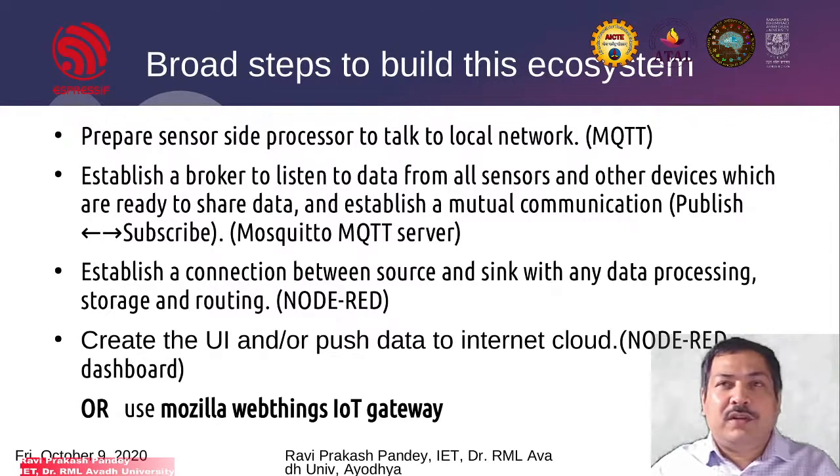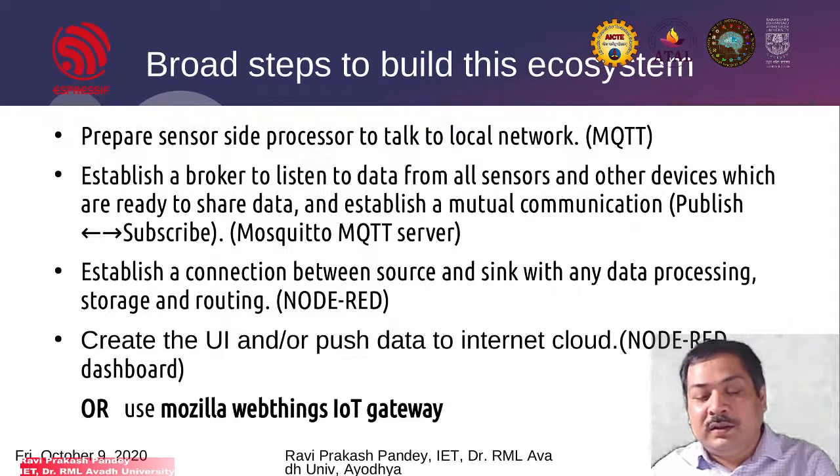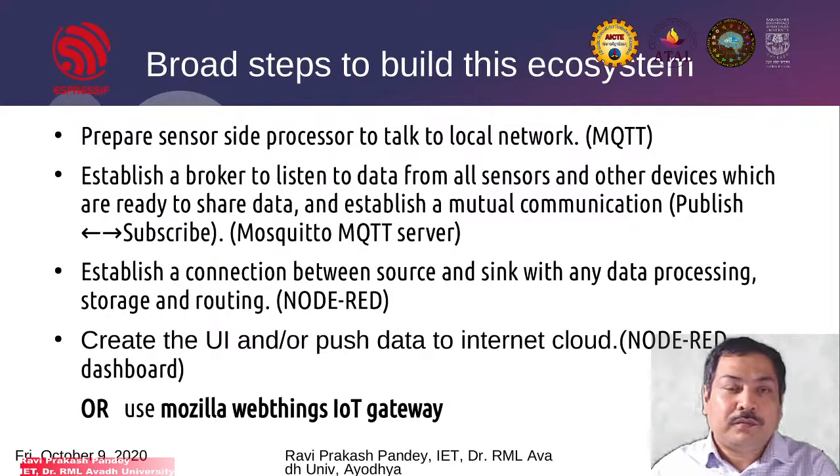It can process data on your behalf based on predefined rules. It can store your data in databases automatically if you define it like that, or it can route your data to other parties, or it can display them on a dashboard so that an end user sink could be created. So that would be the third part.